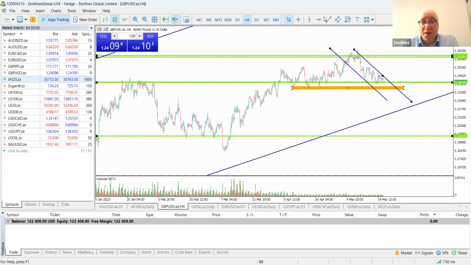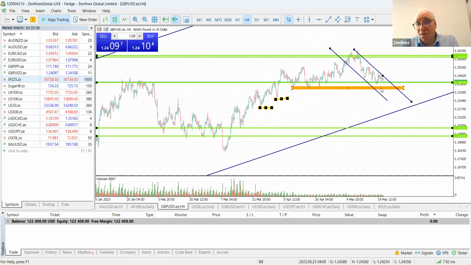Is it going to come and retest these areas here? And back and continue. So this is the only thing that's holding it up, really. If this holds, then there's a good chance it's going to go upwards and retest these areas here. Or if it breaks this orange level, it'll come and retest these previous lows, and that will then confirm to us that we're in a much more downward biased trade.